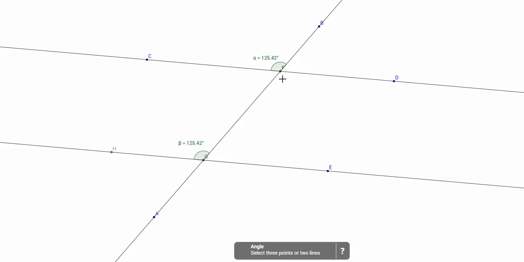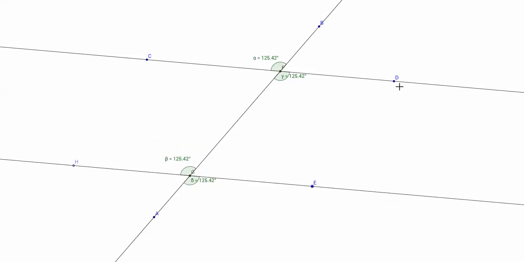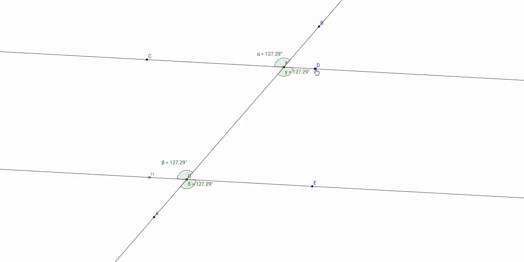This angle right here I know should be exactly the same as 125.42 because they're vertical to each other. Oh, I measured it the wrong way. GFD, 125.42. And then down here, AGE, 125.42. So all of these angles are congruent to each other. And if I move like E, or point D, they're always going to be congruent to each other.